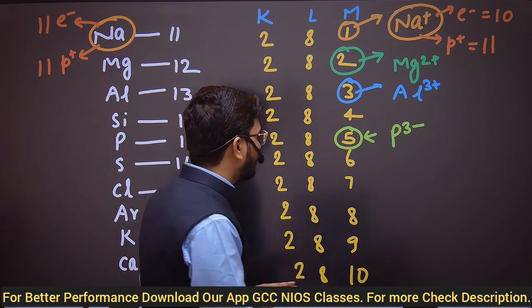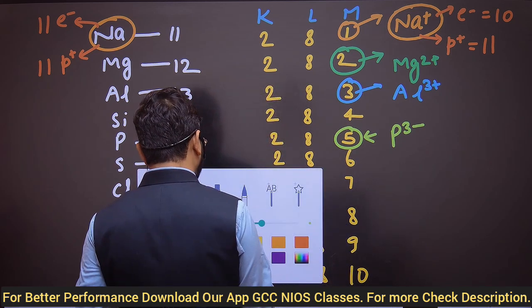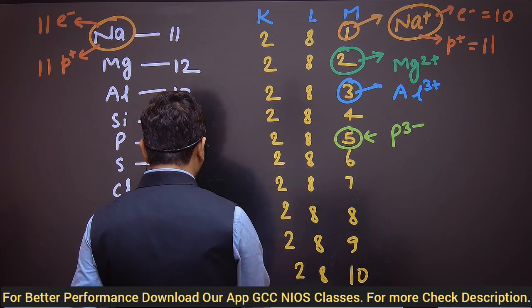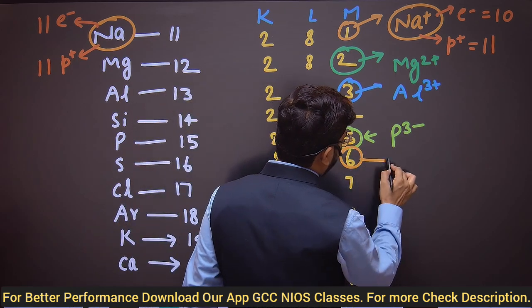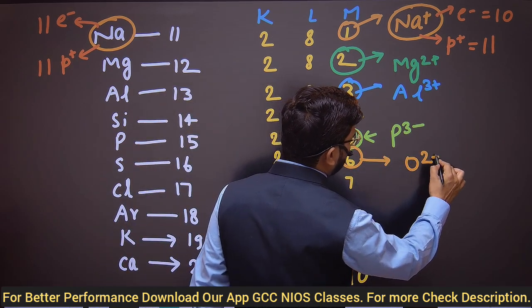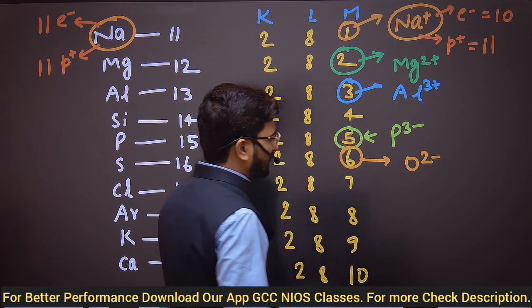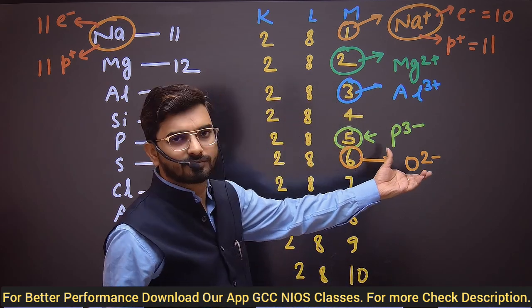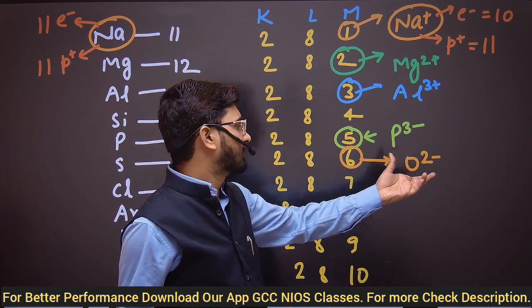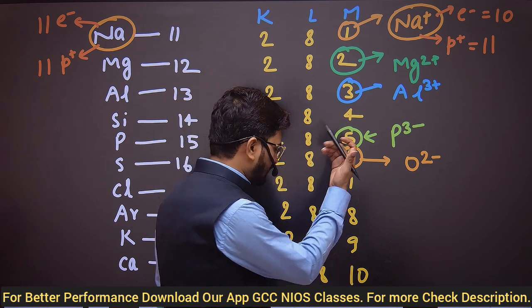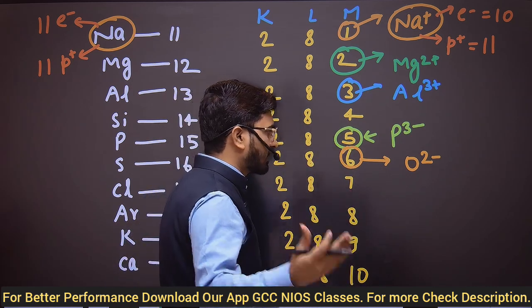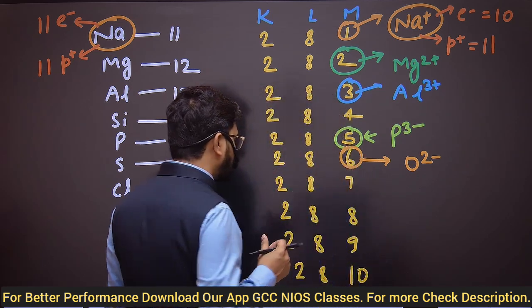So in this case, oxygen is a very famous element that makes O2 minus, which is known as oxide. I will tell you, wait, after we complete here, then we will discuss molecular formula and molecular masses, right?